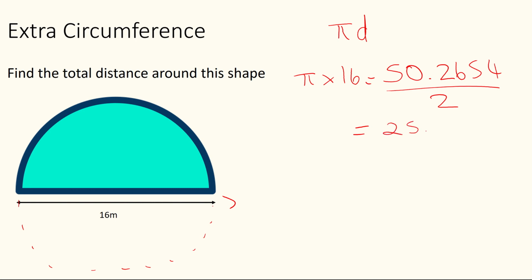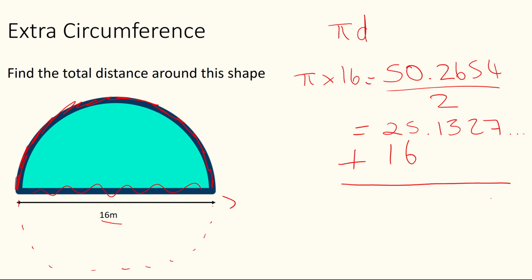which gives you 25.1327 blah blah blah. So now I'm going to colour in. This is the bit I've got. I've just found the distance of this bit here. I still need to add this extra blue line in, which is 16 meters.